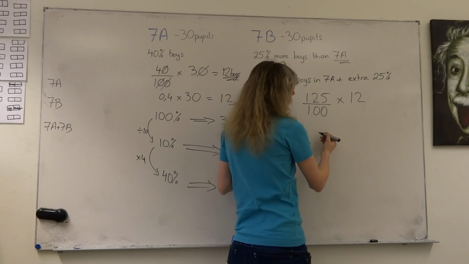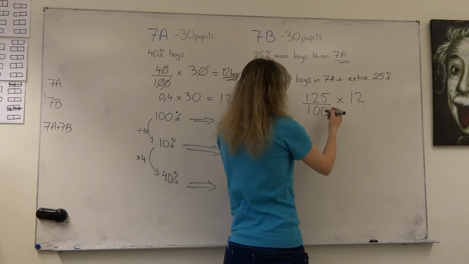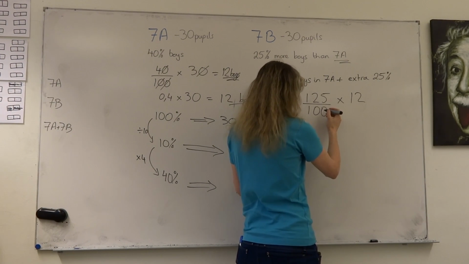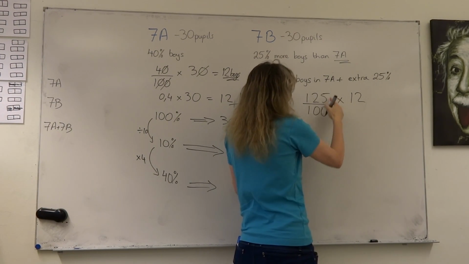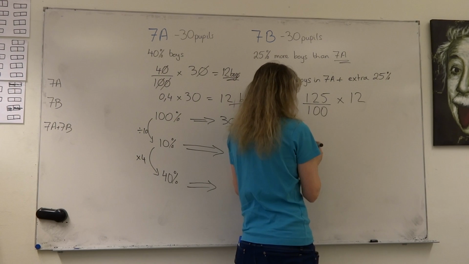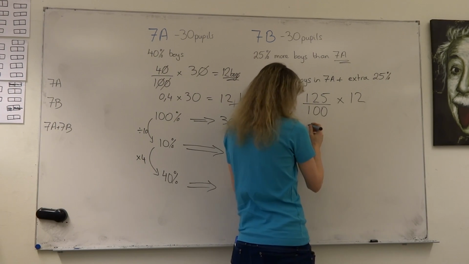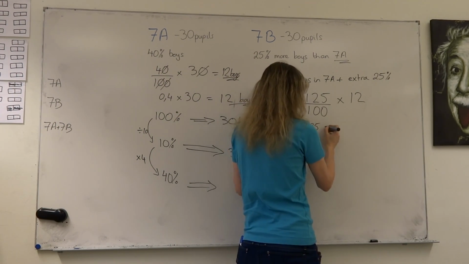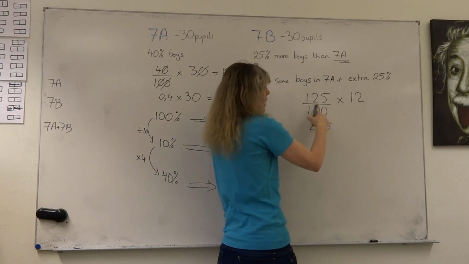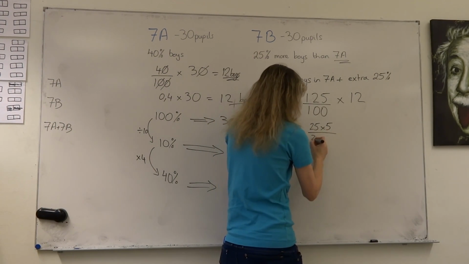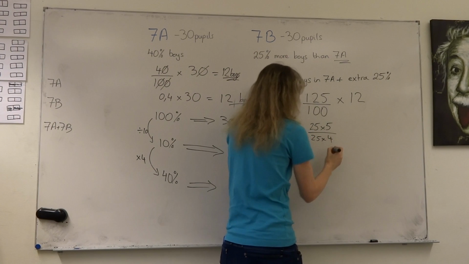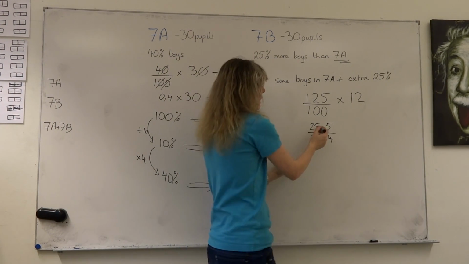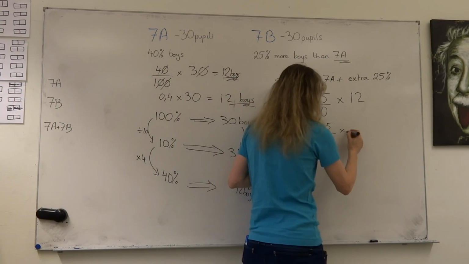And we could do that quite easily by thinking of 125 over 100 as being the same as 25 times 5 would give us 125, and 25 times 4 would give us 100. Here the 25s cancel.